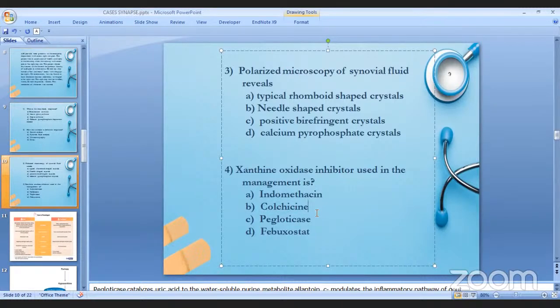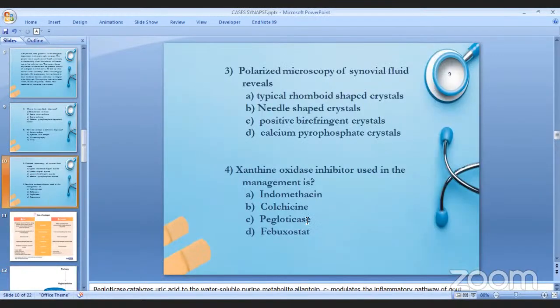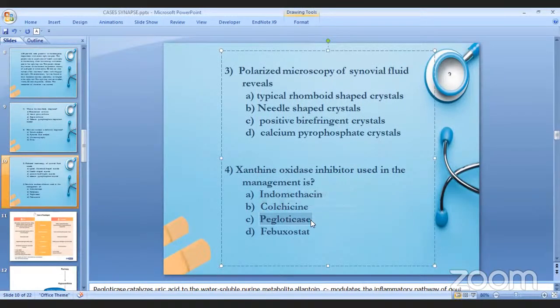Pegloticase catalyzes uric acid into a soluble purine metabolite. So the drug that helps form a soluble purine metabolite is pegloticase. It catalyzes uric acid to a water soluble purine metabolite.